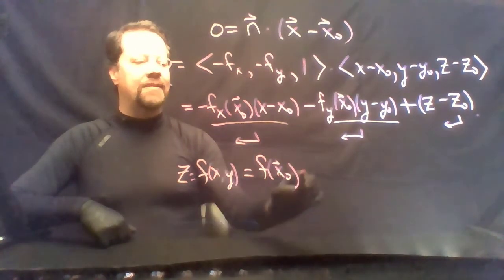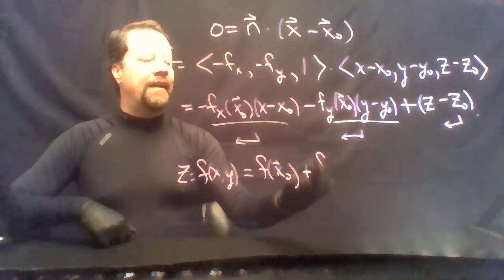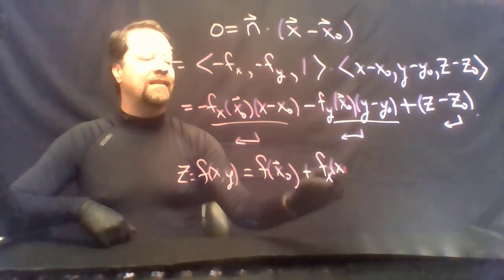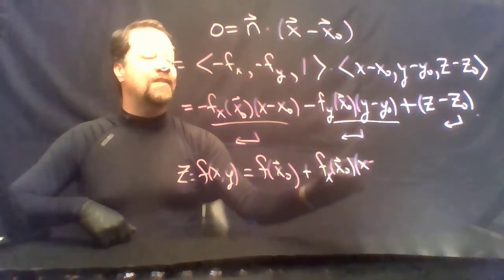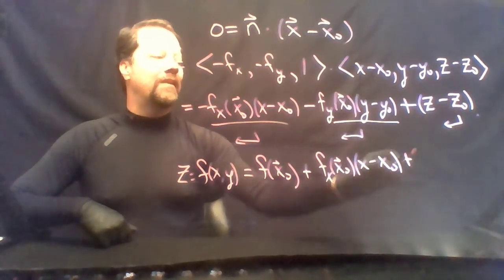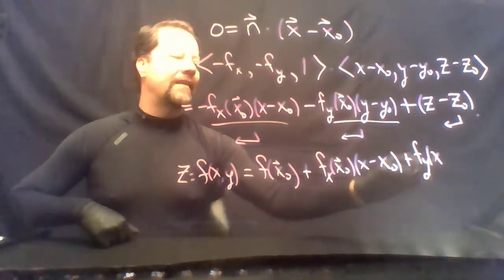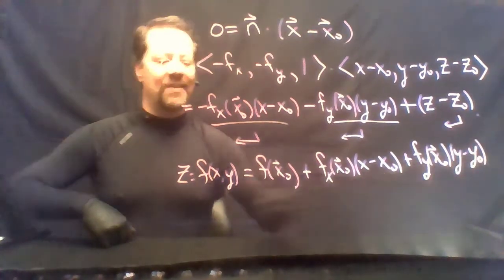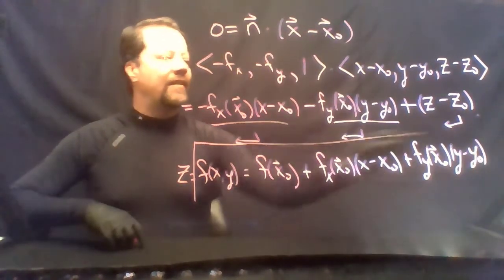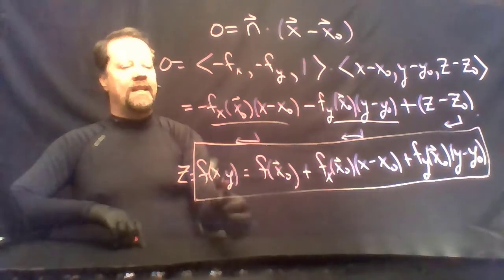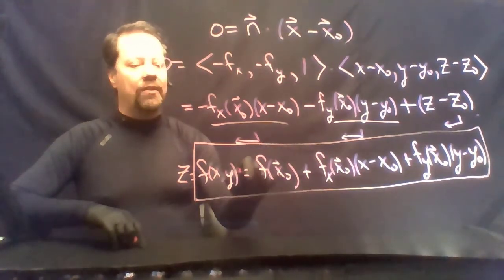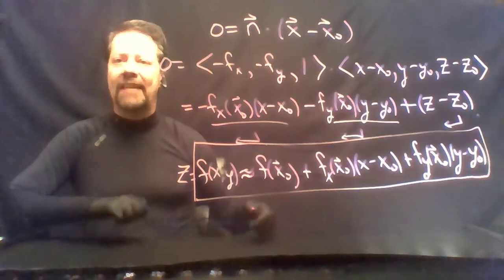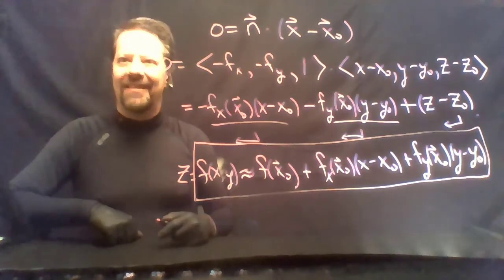These become plus fx at x naught times x minus x naught plus fy at x naught times y minus y naught. I have then the equation for the tangent plane, which is a local approximation, a linear approximation to the function itself.